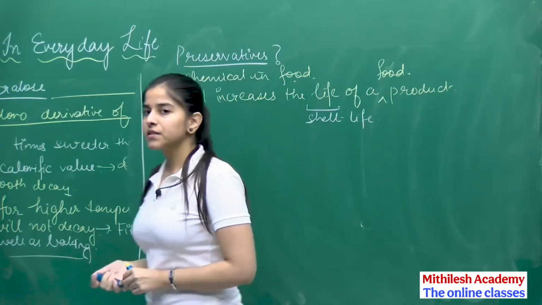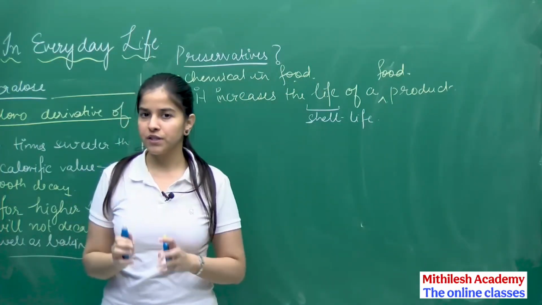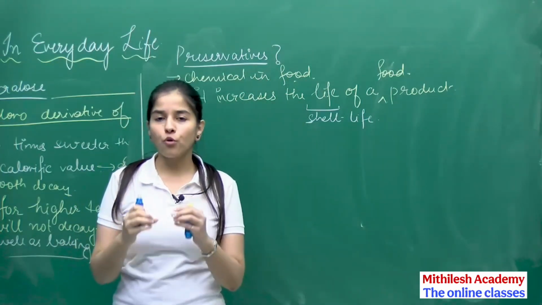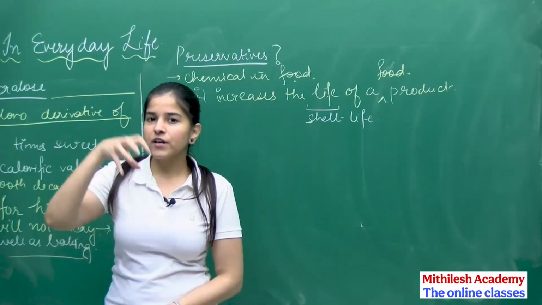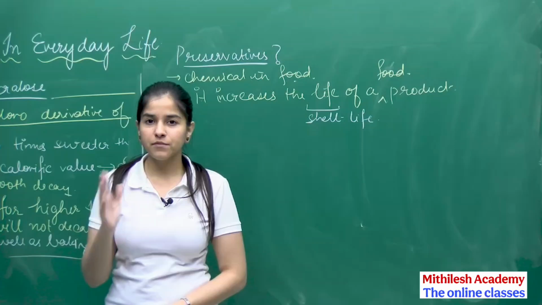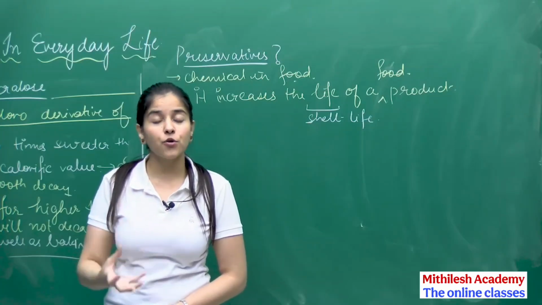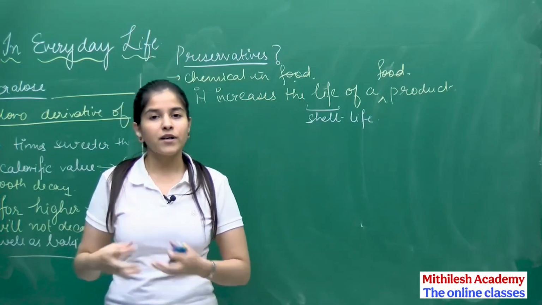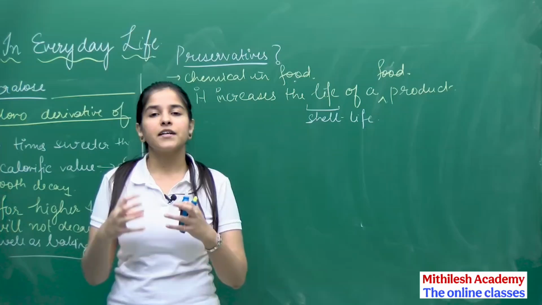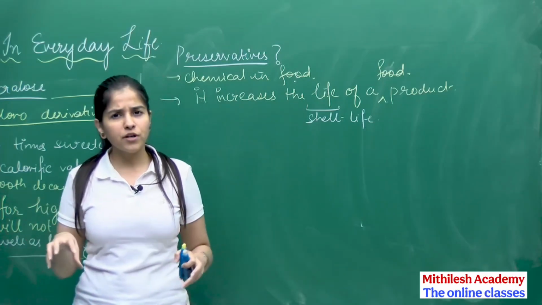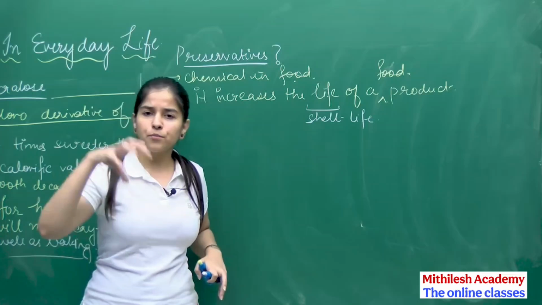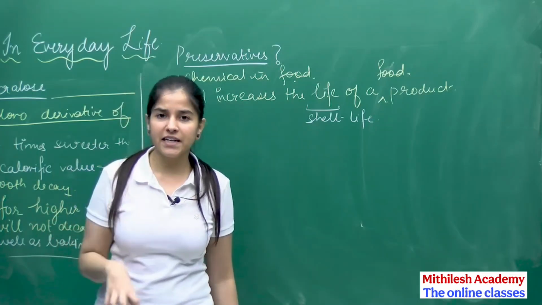So what happens whenever we try to store a food? Whenever we try to store some kind of food, in some time the microorganisms start growing onto that food. They start their metabolic processes, they start growing in colonies, and finally the food product gets degraded.